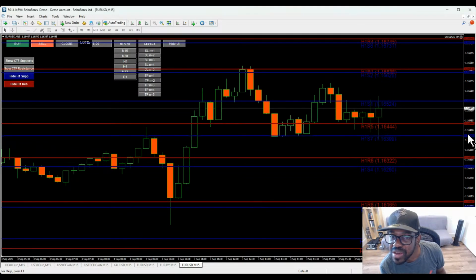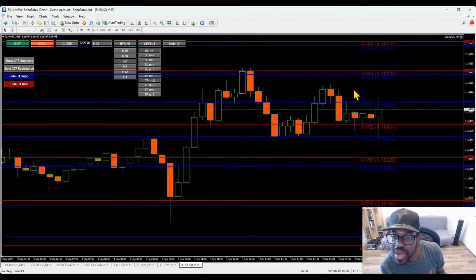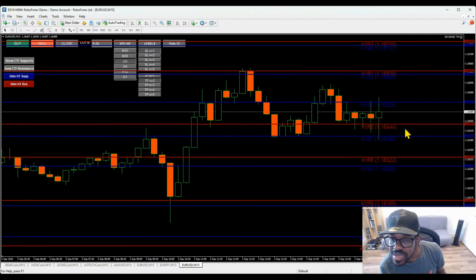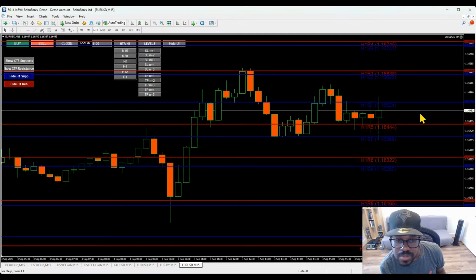We may go a little higher. We did do a higher low right here, but if it doesn't pass this previous high, previous higher low, we may start to go down.